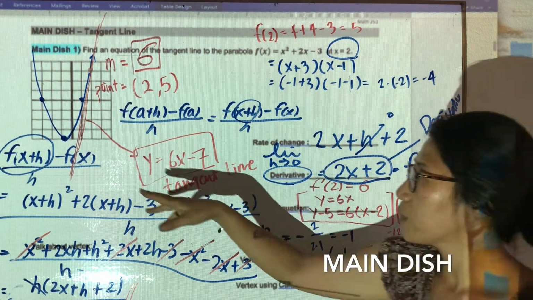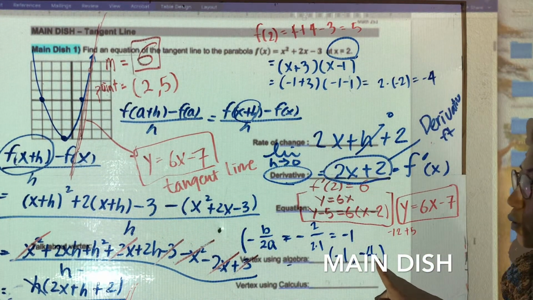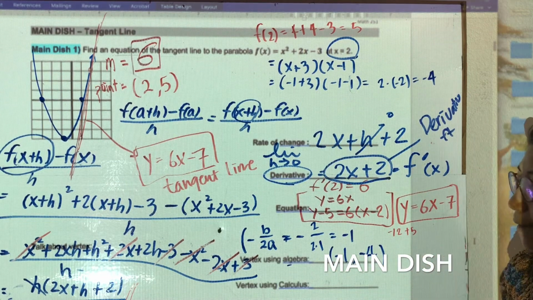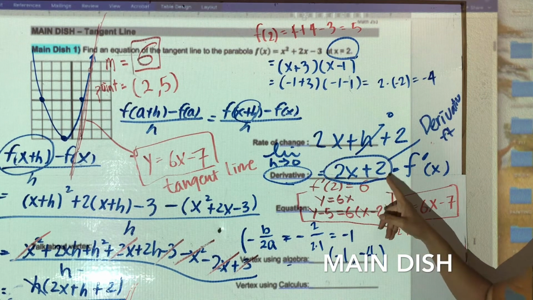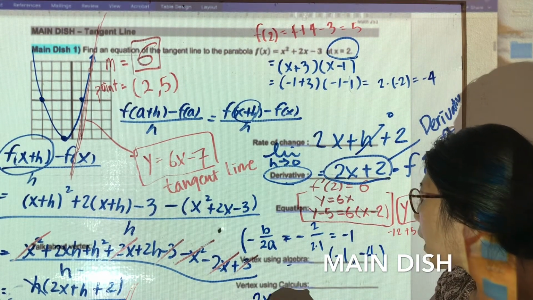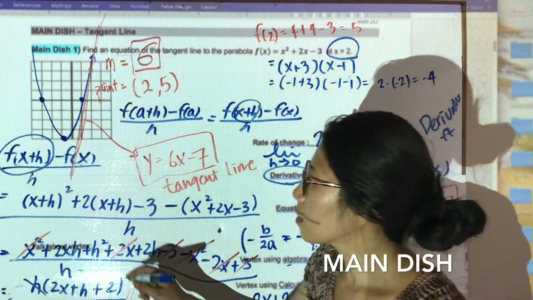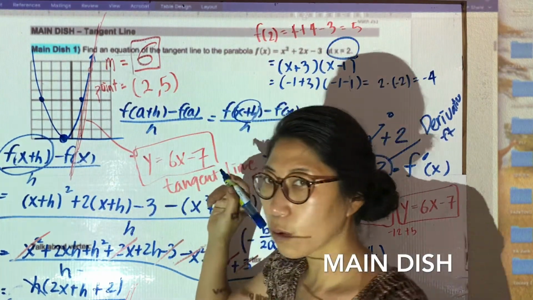Earlier we found the vertex of (-1, -4) using our algebra material. But now we can find the vertex using calculus, using the derivative function. Why? Our derivative function 2x plus 2 is the slope. Then think about what the slope is at the vertex.